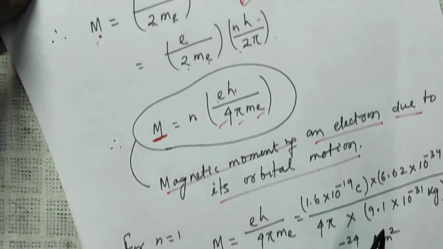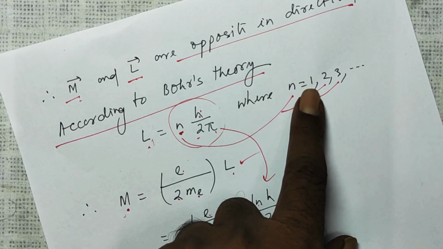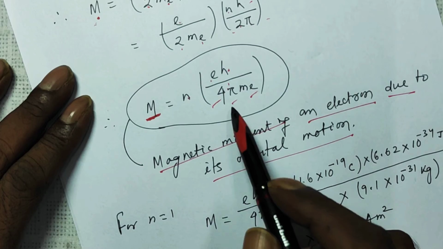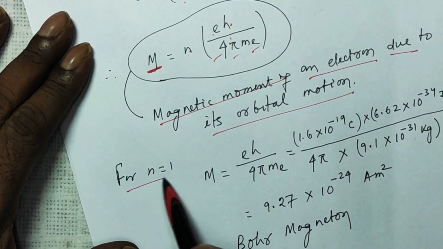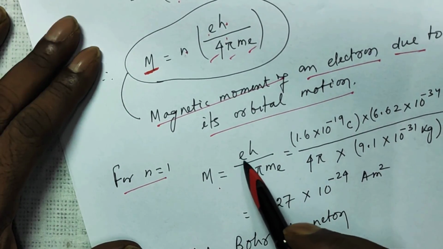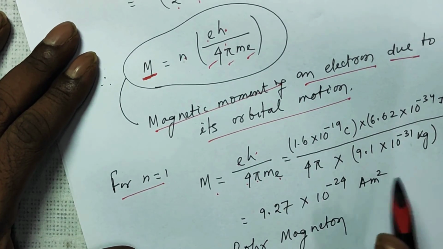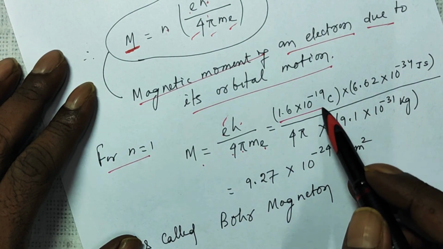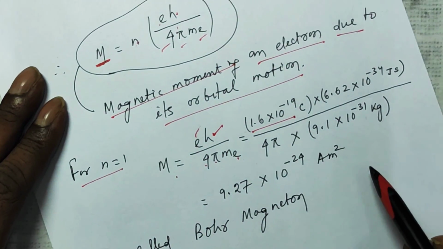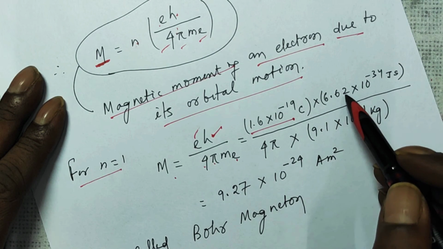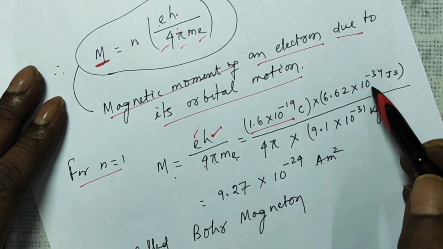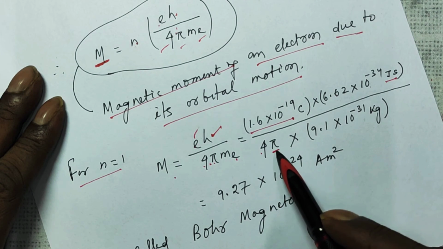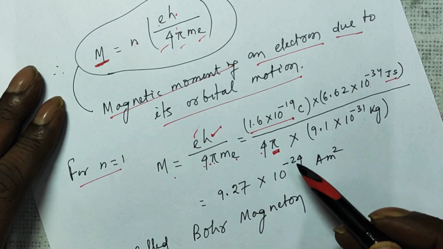Now for n is equal to 1, the minimum value of n is 1. So if you put n is equal to 1 here, your magnetic moment becomes eh over 4 pi m e. e has a standard value, charge of electron, that is 1.6 into 10 to the power minus 19 coulomb. h is Planck's constant, that is 6.62 and more digits, into 10 to the power minus 34 joule second, divided by 4 pi, where pi value you know is nearly 22 by 7.